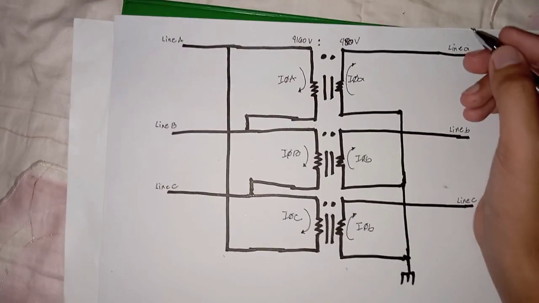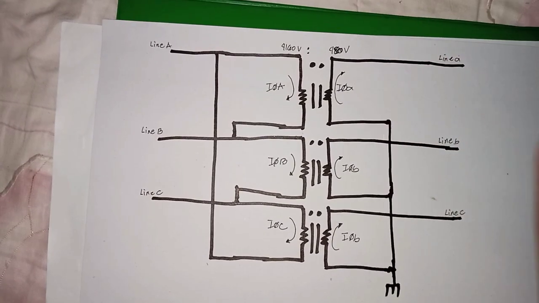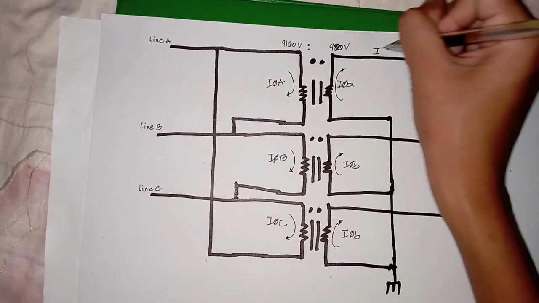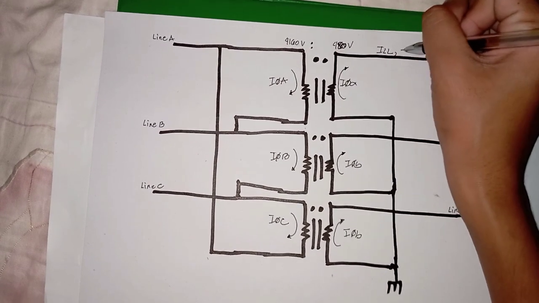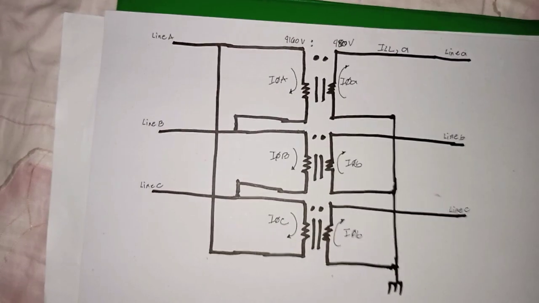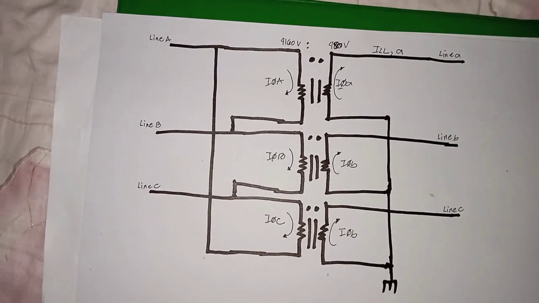So for a Y-connected transformer, it's easy to see that phase currents and line-to-line currents are both equal.